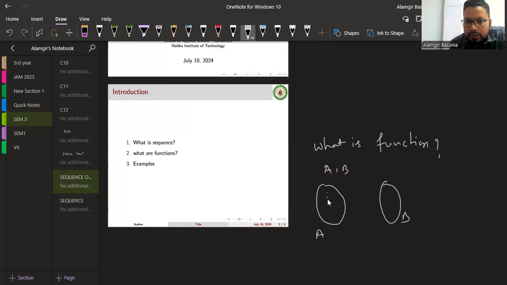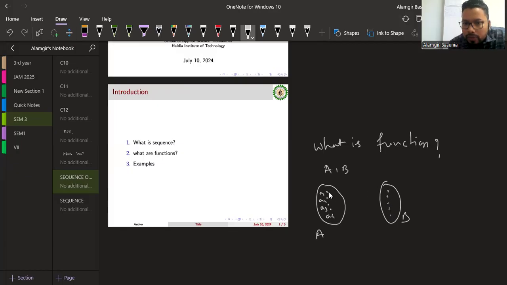Here are some elements. This is non-empty. Here are some elements. If there is a rule which assigns each element of this set A to a unique element of this set B, suppose A contains only 4 elements, A1, A2, A3 and A4, and B contains 5 elements.